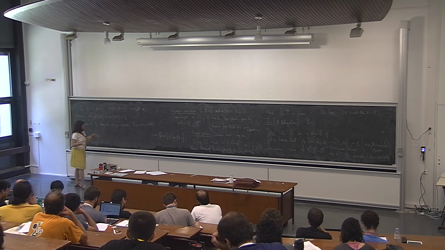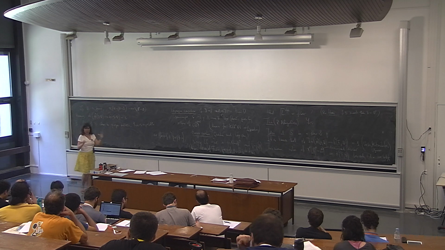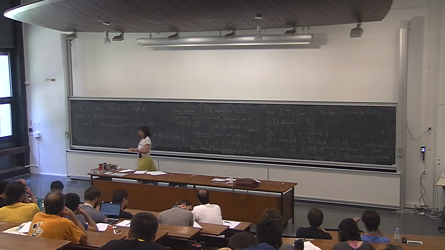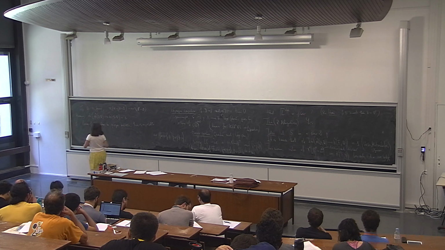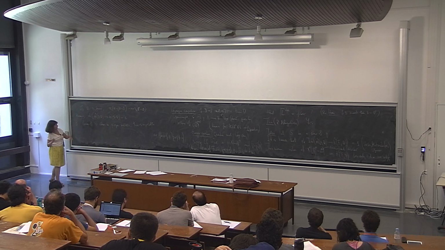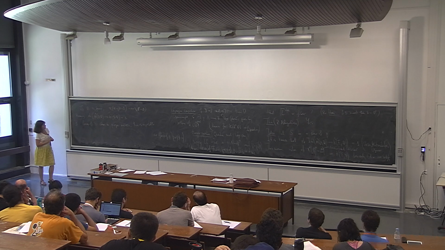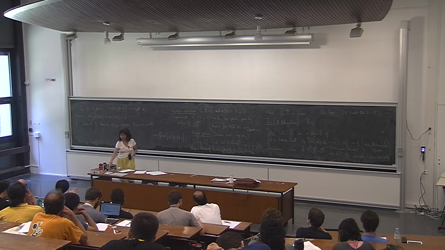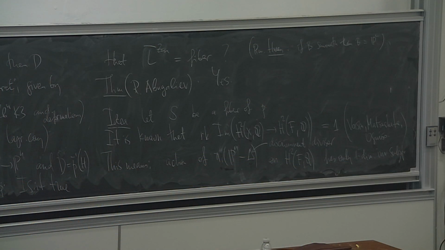I mean, your G is going to be fibered over something, and the inverse image of an ample divisor on this something will give you another invariant cycle.